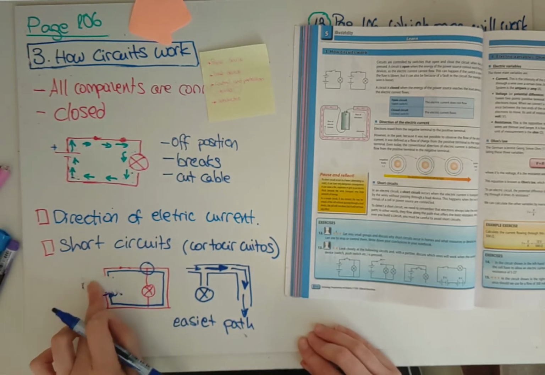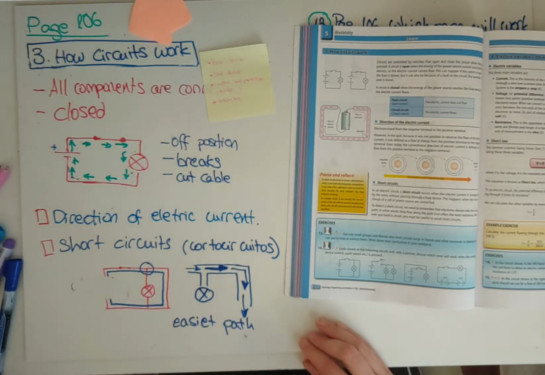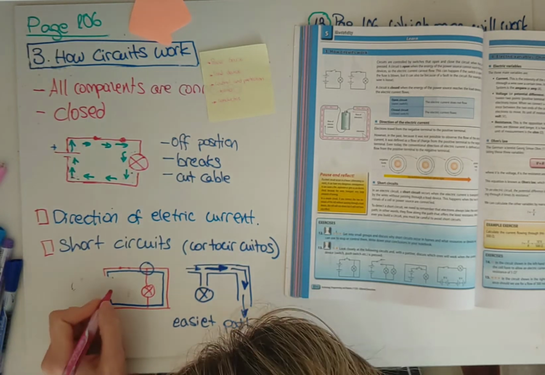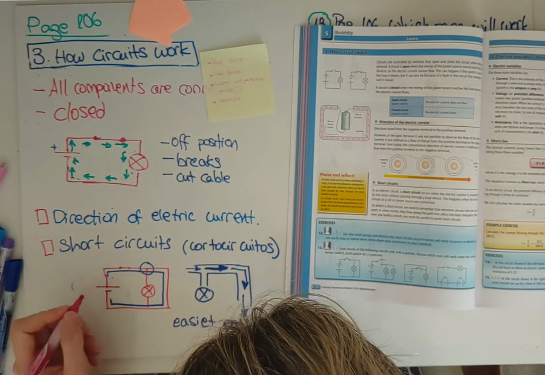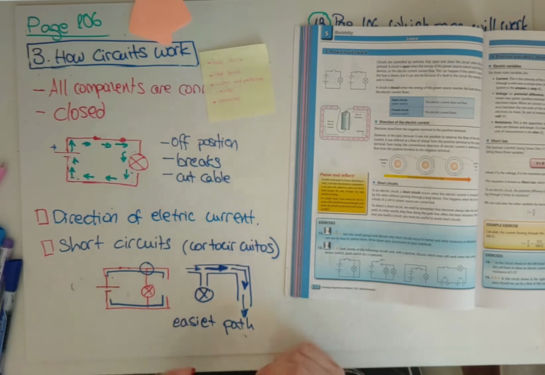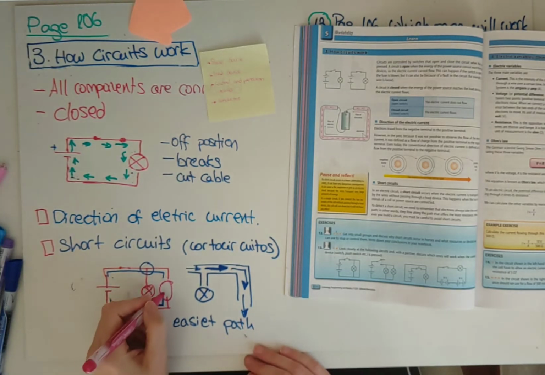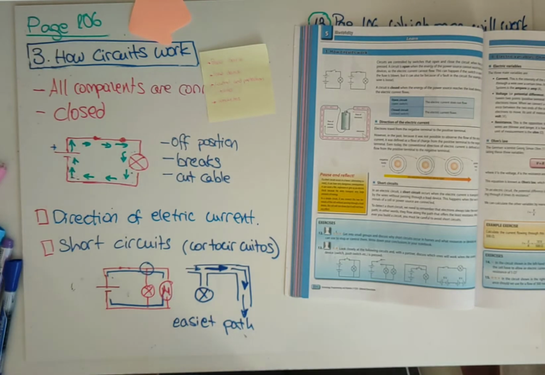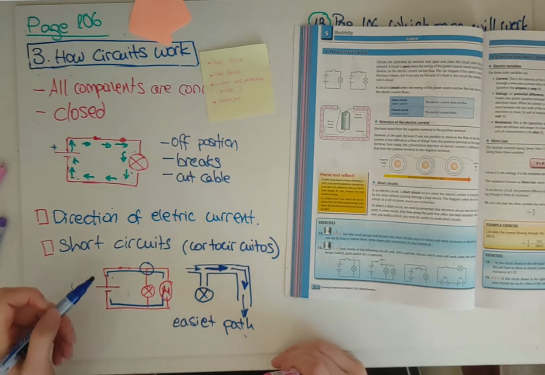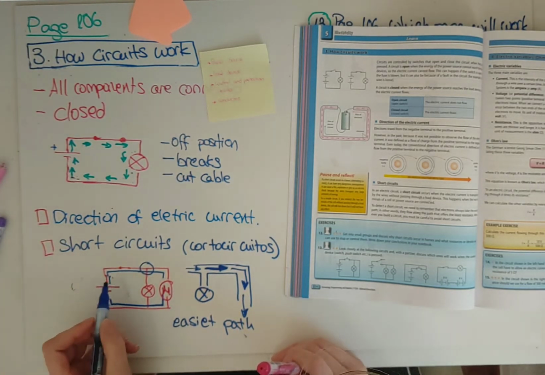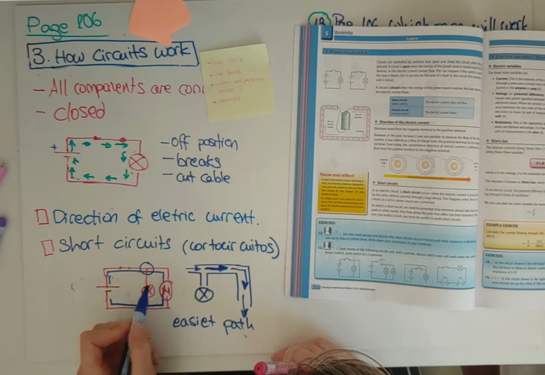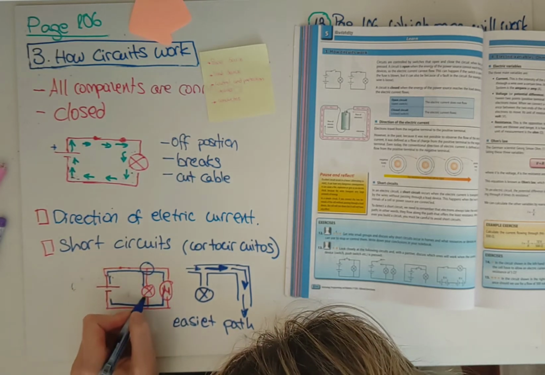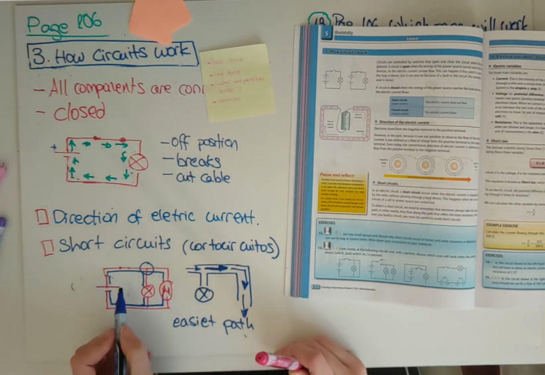I can modify this. And if I include a motor, now it works because the current flows through this path and through this path. Both are connected to the battery, okay?